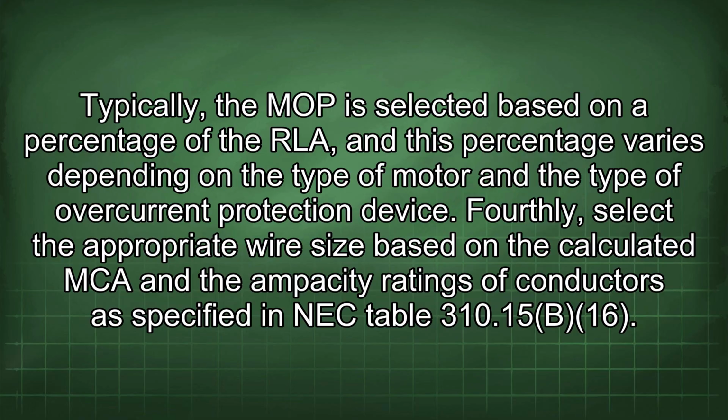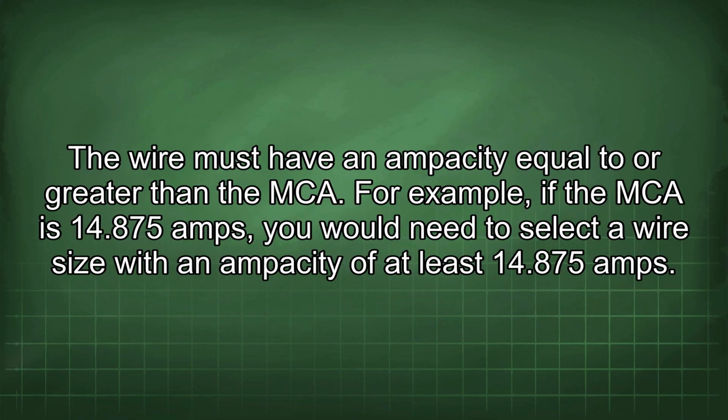Fourthly, select the appropriate wire size based on the calculated MCA and the ampacity ratings of conductors as specified in NEC Table 310.15(B)(16). The wire must have an ampacity equal to or greater than the MCA. For example, if the MCA is 14.875 amps, you would need to select a wire size with an ampacity of at least 14.875 amps.